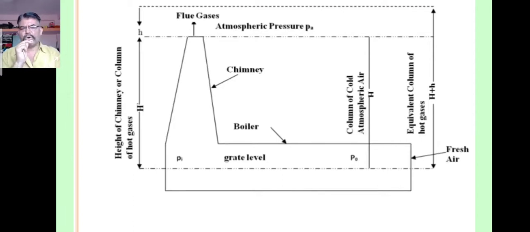As I told you, rho A is the mass density of air outside the chimney, and rho G is the average mass density of the hot gas. Then what is small gh?